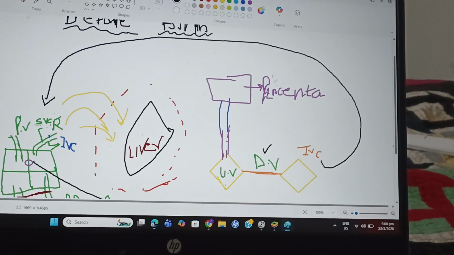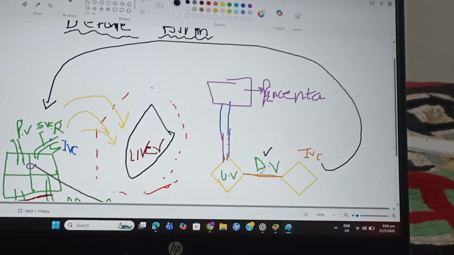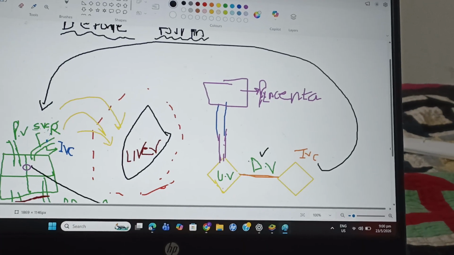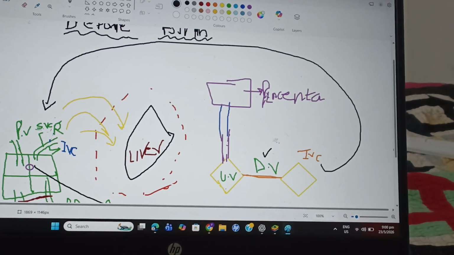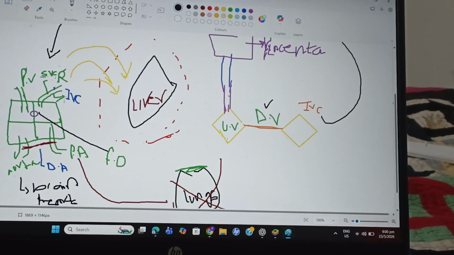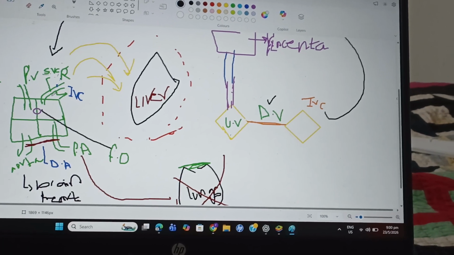The placenta has the umbilical vein, which helps blood transfer to the inferior vena cava by the ductus venosus. The first shunt was the ductus venosus. Now the inferior vena cava is at the heart and it carries the oxygenated blood.